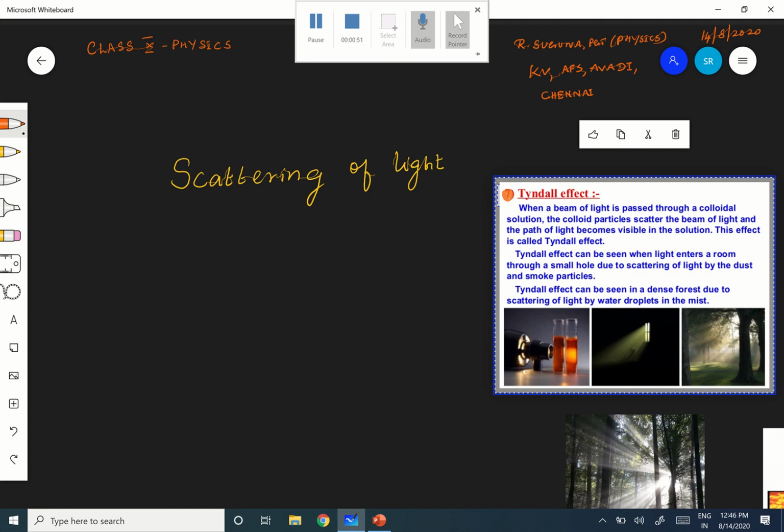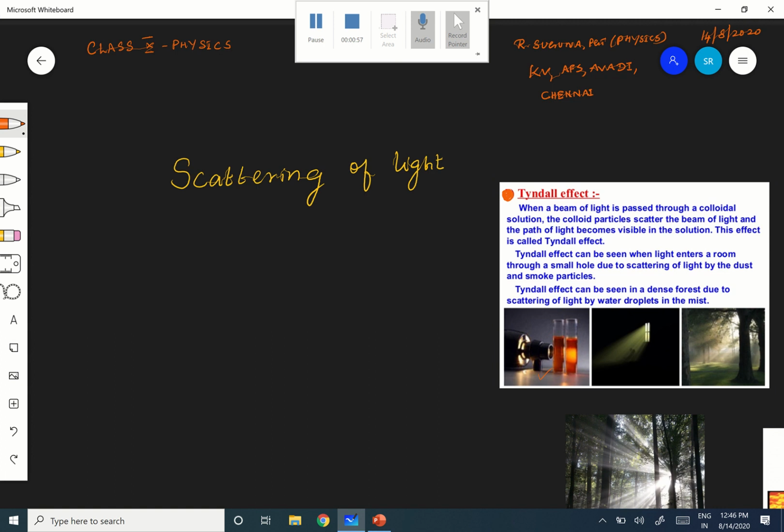When a beam of light is passed through a colloidal solution, the colloidal particles, the particles of the solution, scatter the beam of light, and hence the path of the light becomes visible. It scatters, that is why the path of the light becomes visible in the solution.